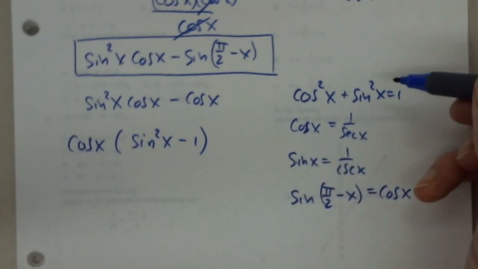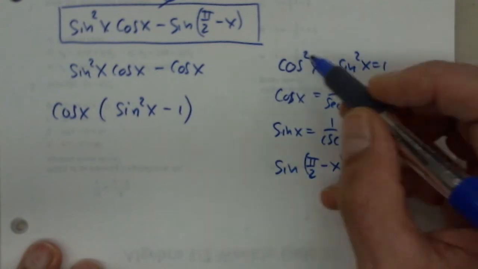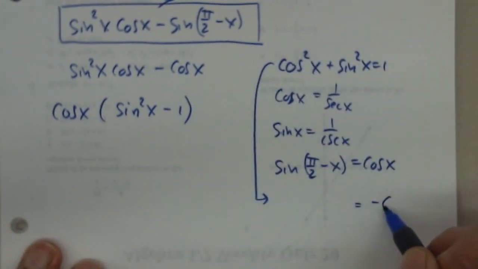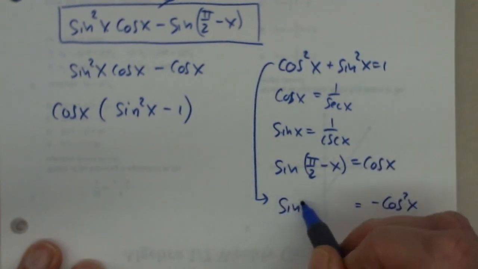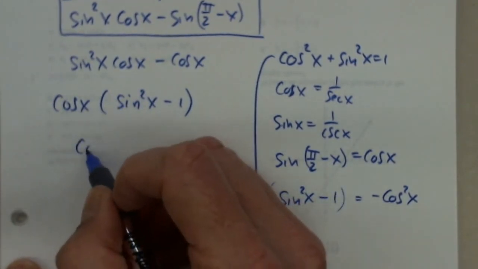We need to have a minus 1, and then we'd go minus cosine squared. I need to subtract cosine squared and subtract 1. So now everywhere we see this, we can put that, and that goes right there.